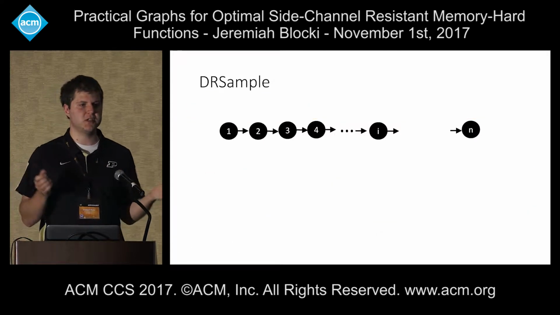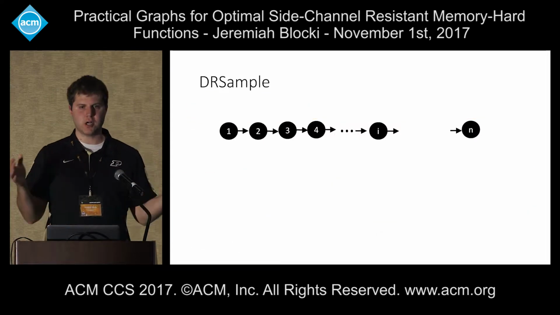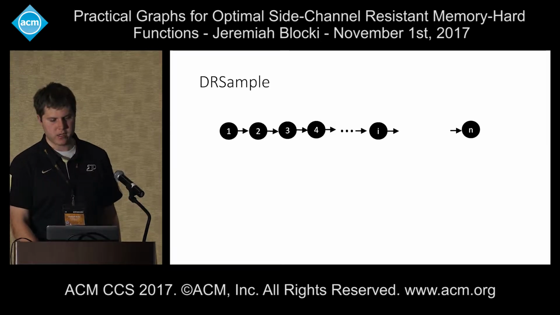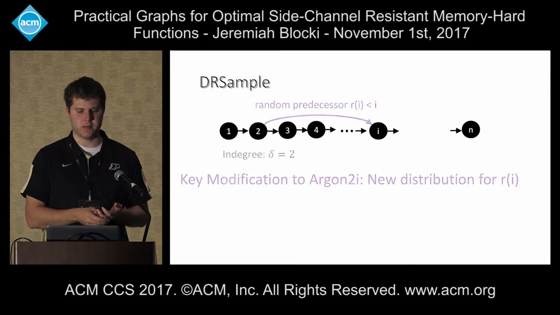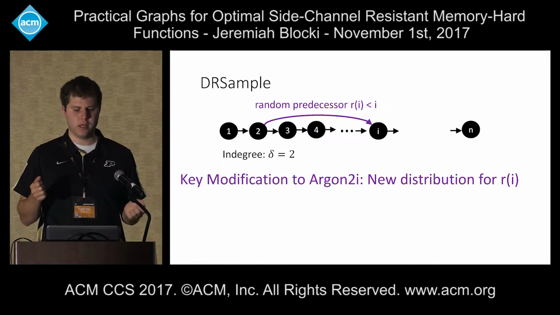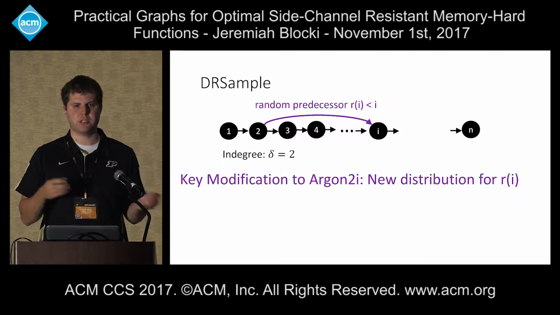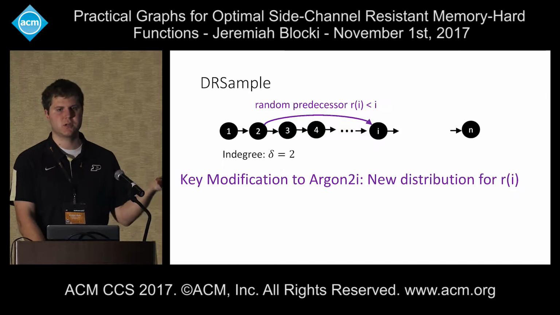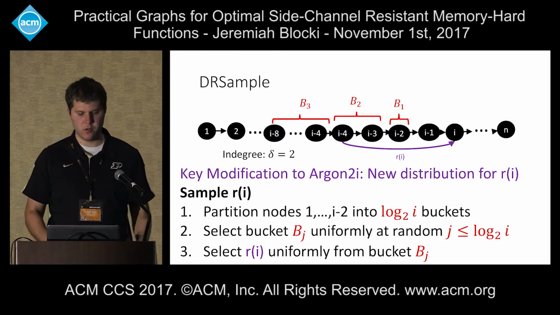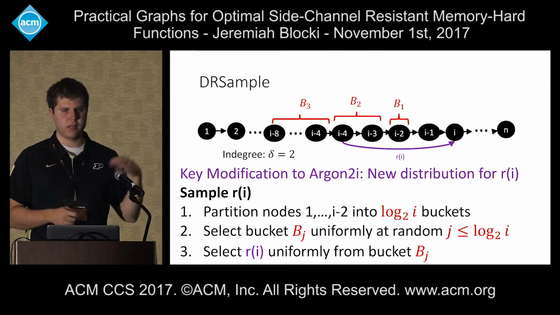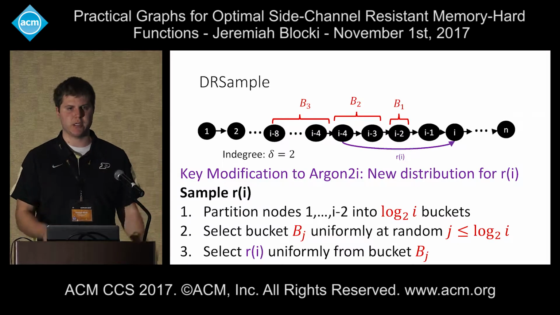So what does this new construction look like? Well, we start off with a hash chain, node 1 through node n. And then for each i, we pick a random predecessor. The only real modification of Argon2 is we're just tweaking the distribution of this predecessor edge. So what does this distribution look like? To sample the predecessor, we start by partitioning the previous nodes into log i buckets.